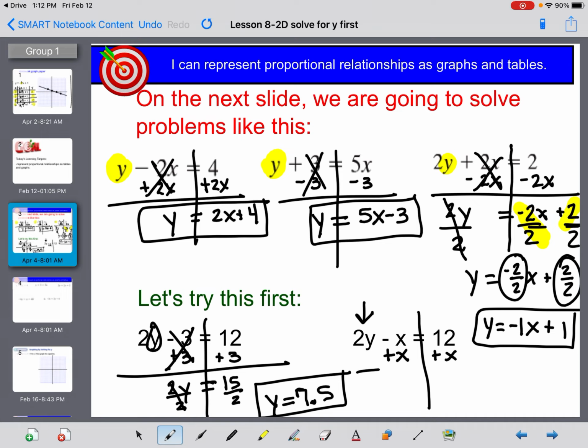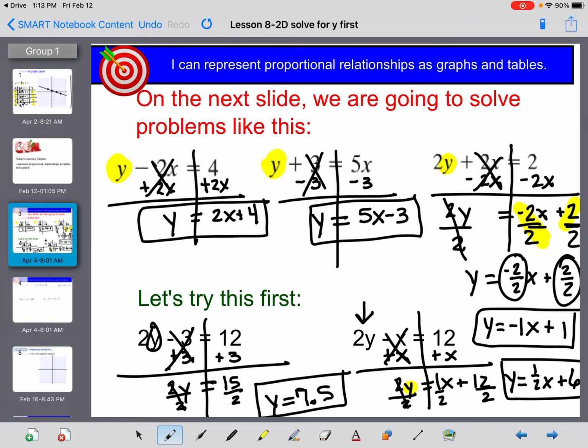I always undo adding or subtracting first. 2y equals, I like to write my x first, x plus 12. Now y is still not by itself, so I need to divide both sides by 2. So this is really 1x, isn't it? So I'm going to divide this by 2 and this by 2. Everything on that side is divided by 2. So what's left is y equals 1/2 x plus 12 divided by 2 is 6.